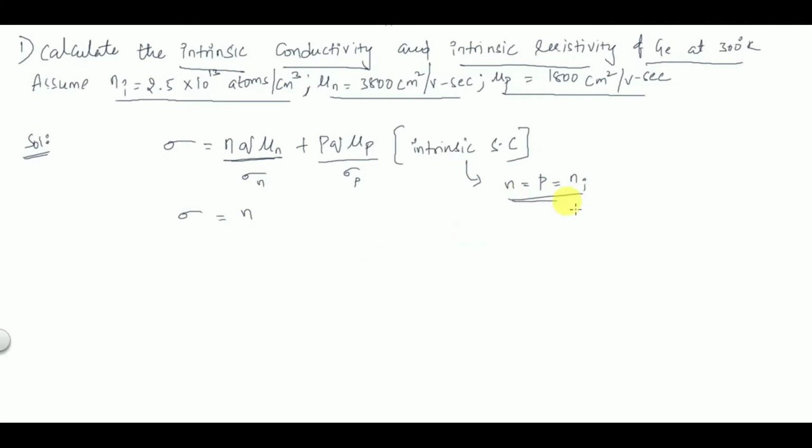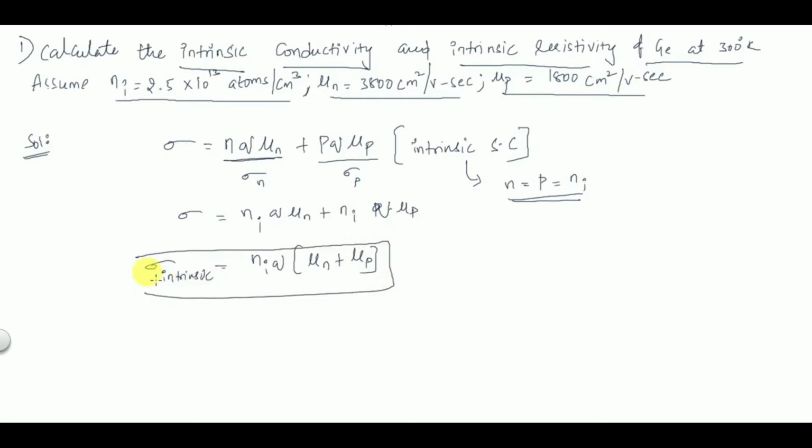This we have seen in the mass action law as well: the number of free electrons and the number of holes is equal to the intrinsic concentration. So Ni q mu n plus Ni q mu p. If you take Ni q as common, you have Ni q times (mu n plus mu p). This is the formula for conductivity of an intrinsic semiconductor.